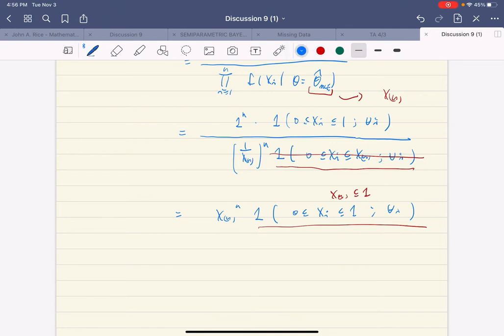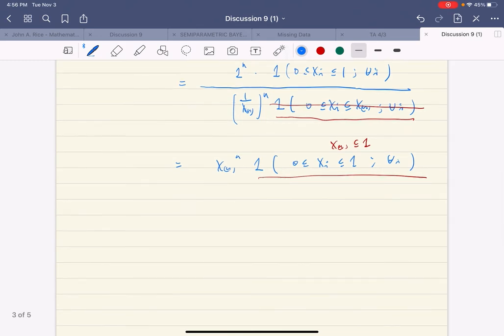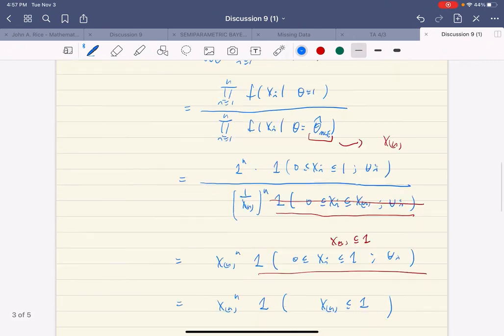So we will have the function like this. The greater than 0 part is not important, since it is always true, so we don't have to care about this. So this is our likelihood ratio test statistic.